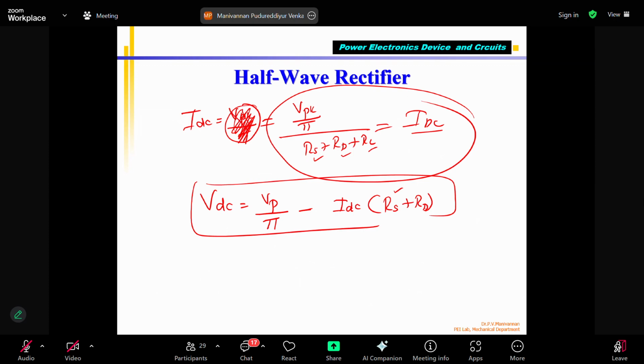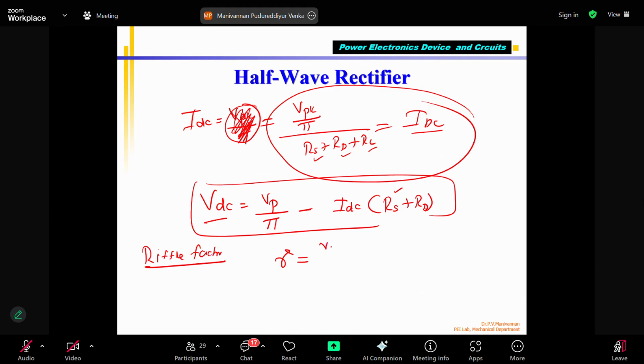Okay. So this is one term. Now we know how to calculate VDC and also IDC using this formula. Okay. Then next thing is you have what you call a rectifier factor, a ripple factor. Ripple factor is generally represented gamma.